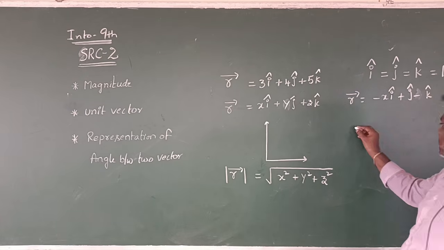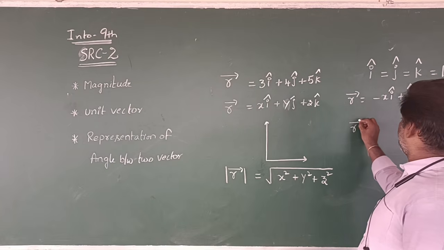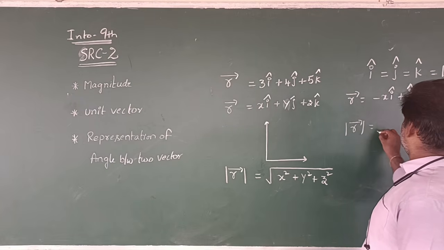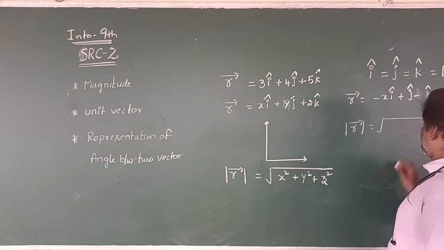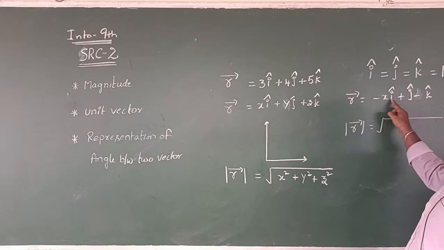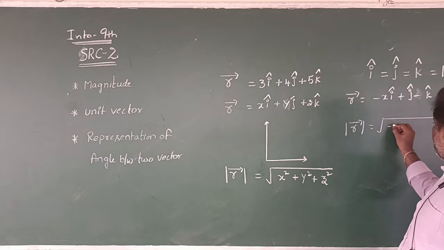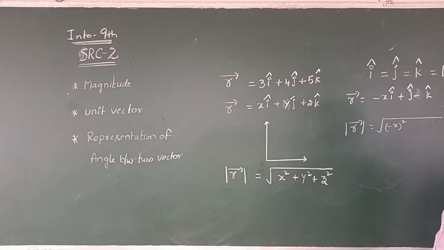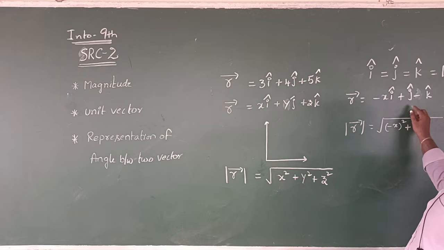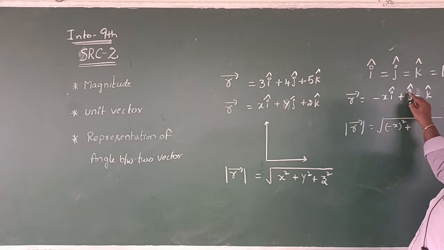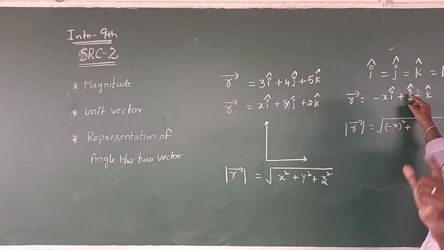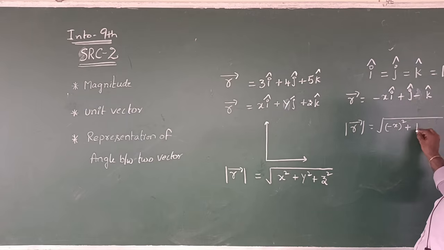Use this formula to calculate the magnitude: root over the i coefficient squared, that means minus x whole square, plus the j coefficient squared. Nothing is written there, which means 1 is present, so 1 square, plus the k coefficient, minus 1 whole square.